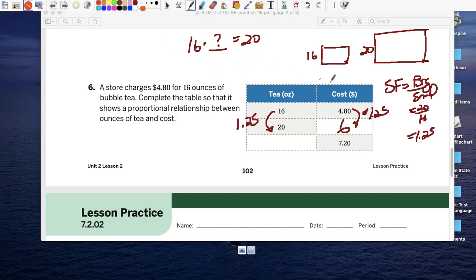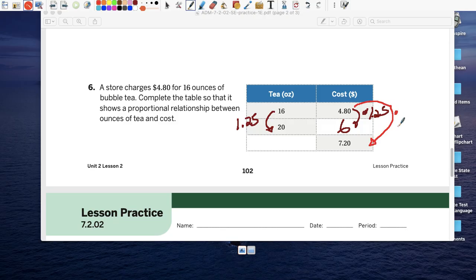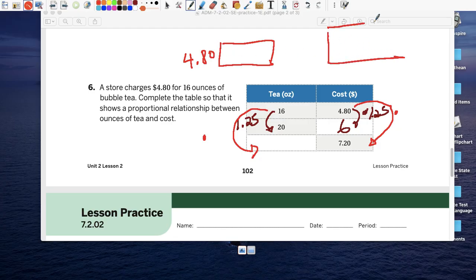What about 4.80 going to 7.20? Figure out what it was multiplied by, because I need that to figure out 16. So again, think about this rectangle. This measures 4 meters and 80 centimeters, 4.8. And this one now measures 7 meters and 20 centimeters.